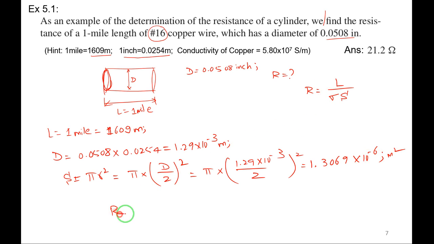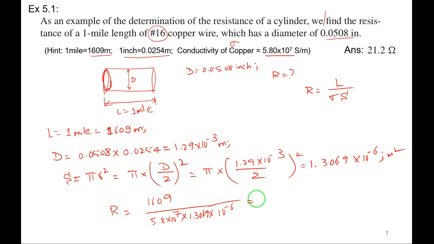Substitute and calculate. R is equal to L, which is 1609 meters. For the conductivity of copper, this will be given. No need to remember. The conductivity of copper, sigma, is 5.80 into 10 power 7 Siemens per meter. So sigma is 5.8 into 10 power 7 Siemens per meter into the surface area 1.3069 into 10 power minus 6.